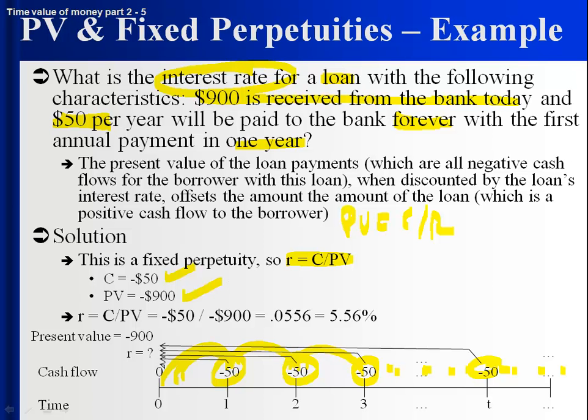And again, you might say, well, the loan's 900, why negative 900? Because this is the present value of paying 50, paying 50, paying 50, paying 50. So the present value of all those payments, 50 in a year, 2 years, 3 years, 4 years, forever and ever, is equivalent to paying 900 at time 0. So the rate is equal to 5.56%. Because we're dealing with a loan where we're making payments, this example is good. You have to be careful with negative signs.